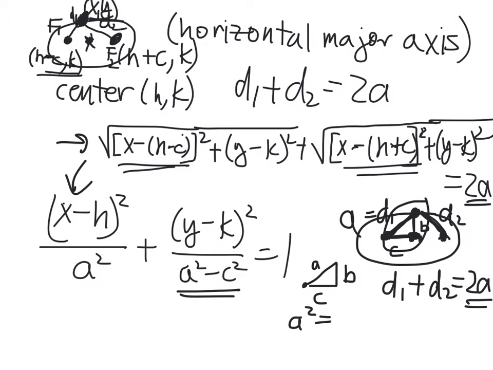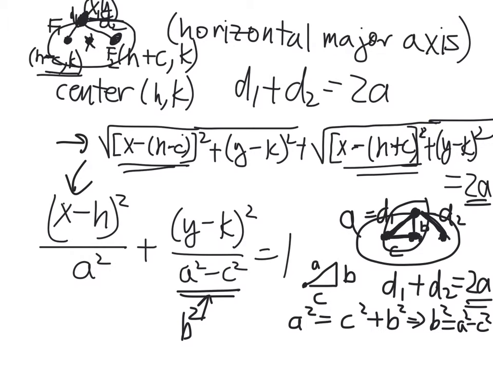From the Pythagorean theorem, we can say b squared is going to equal a squared minus c squared. So this right here we can replace with b squared. And in fact, that's what we do in our standard form. We'll do that here in just a second.